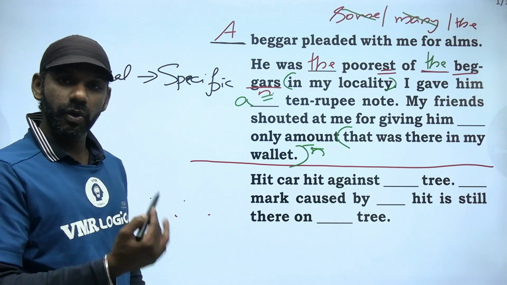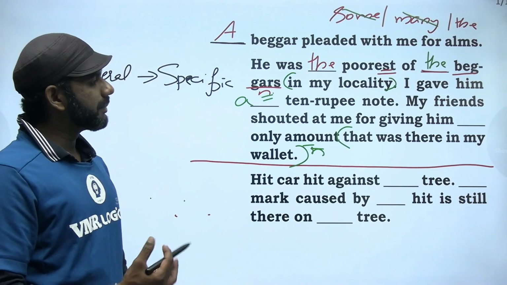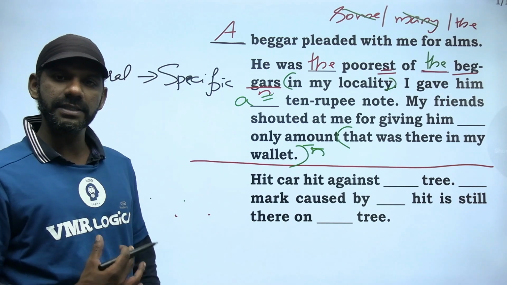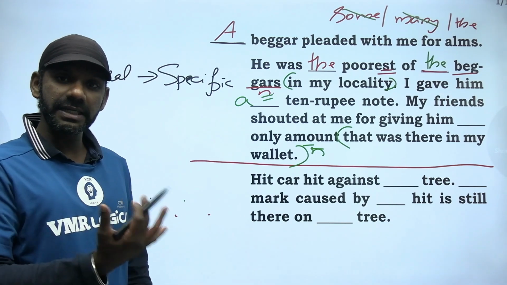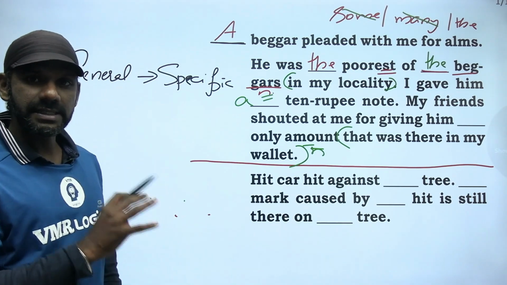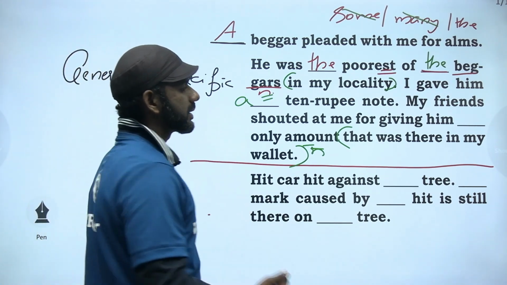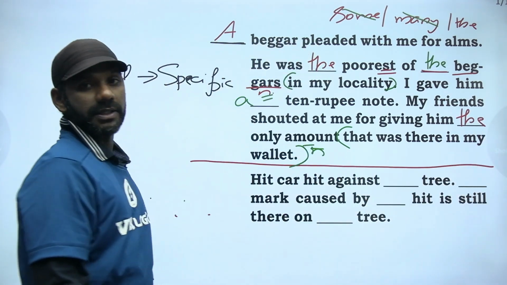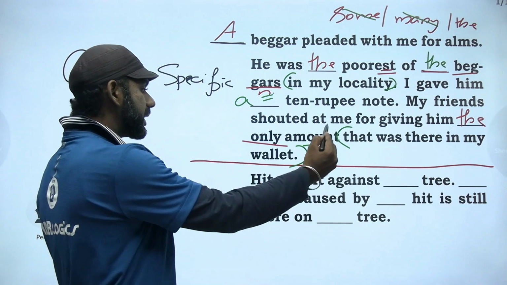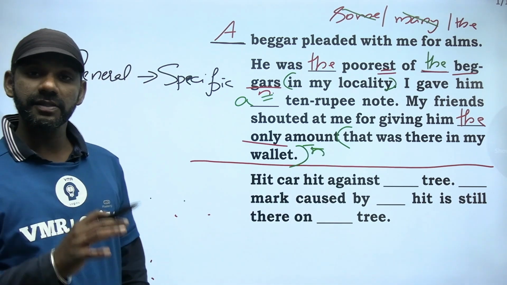Yes. That was there in my wallet. Amount that was there in my wallet. So that was there in my wallet is the information given regarding the noun amount. So in this case, the noun amount must be taken as specific. So the only amount that was there in my wallet. One more reason, only amount. Only amount means it is very specific.